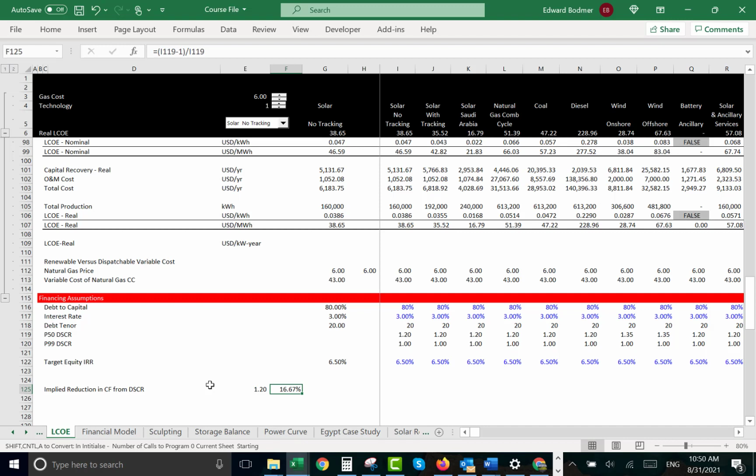So if we have all variable costs, no fixed costs, and we have a reduction of less than 16% in our P99 case, the P50 case should be in place, because 16.67% is more of a reduction, and it's a worse kind of conservative case than the P99 case.